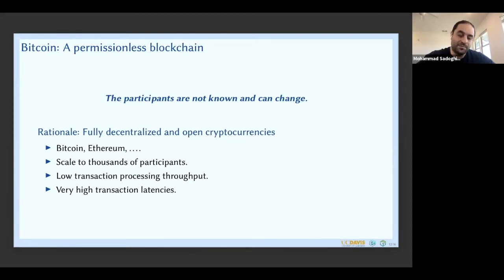And so that becomes the barrier. Now I need to participate, and I have to spend so much money and so much energy to solve this puzzle. What's the point? Well, the incentive is there's also a reward.